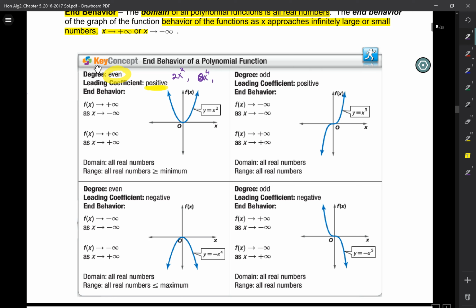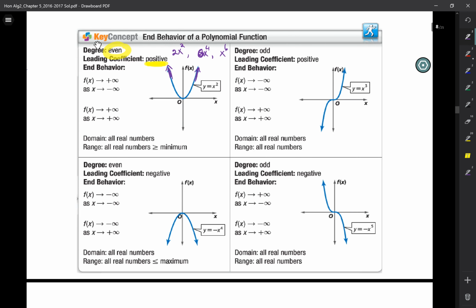Or I have positive x to the 6, and so on and so forth, all right? Both ends of the graph will be going up, okay? However, if I now have an even degree, but a negative coefficient, like negative x to the 4, both ends will be going down. You see what I mean?